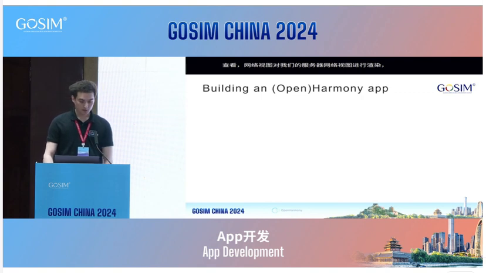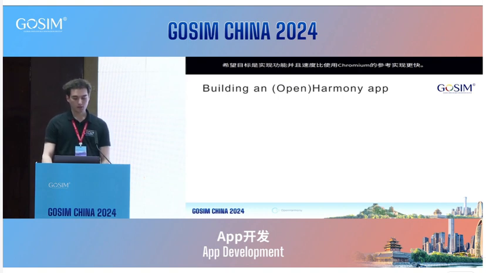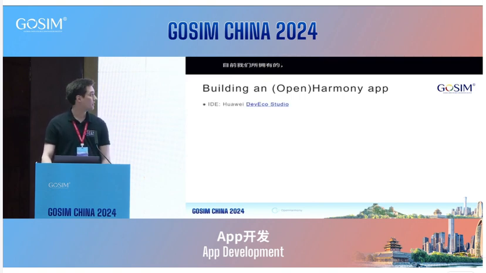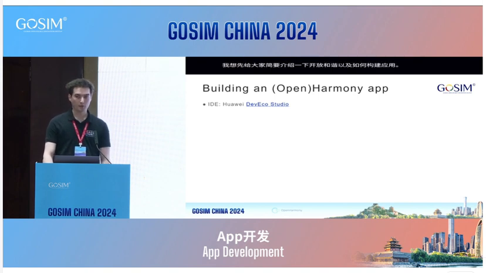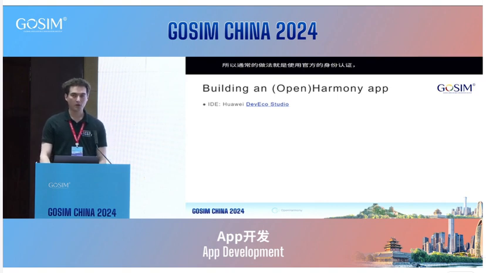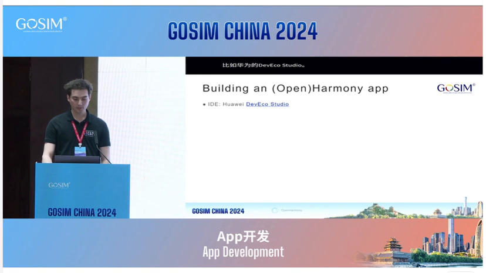Now, before I go back to Servo, I first want to give a short introduction to OpenHarmony and how to build apps. The common way is to use the official IDE, which is Huawei DevEco Studio, and it supports both apps for OpenHarmony, where whenever I say OpenHarmony, I always mean the open source version, and also HarmonyOS Next, which is the OpenHarmony distribution specifically for Huawei devices.